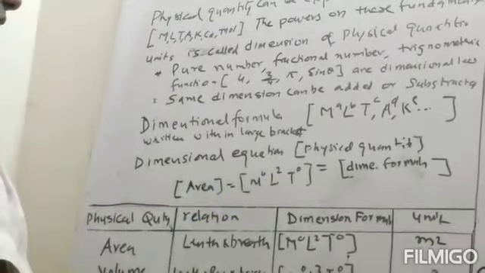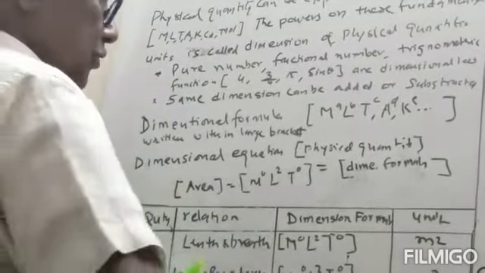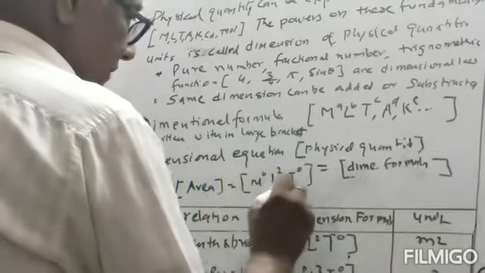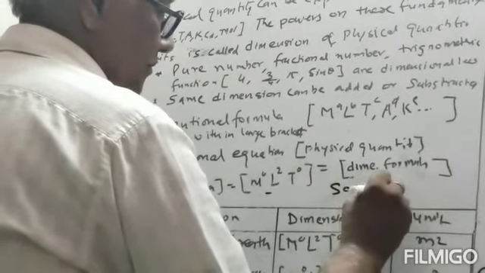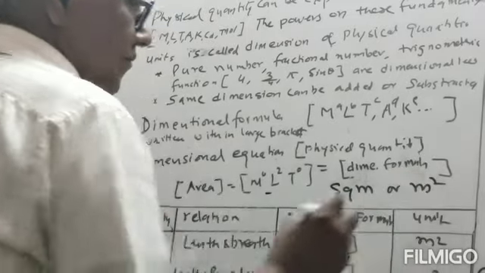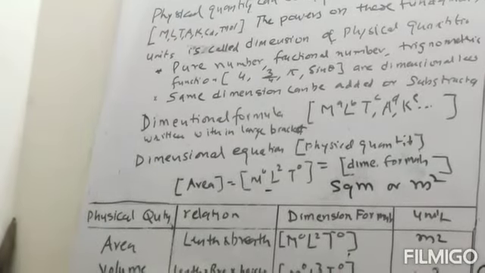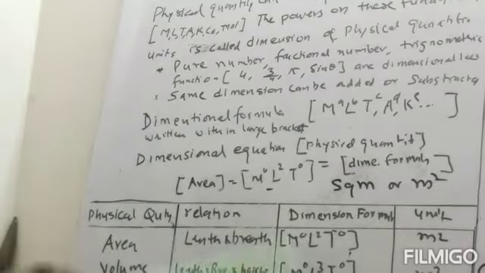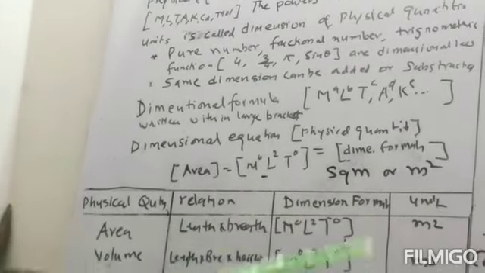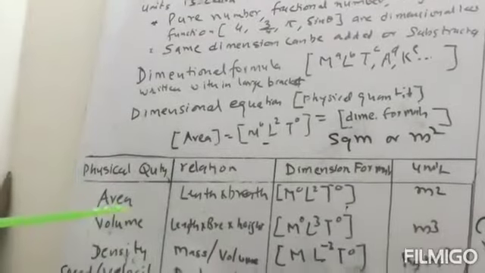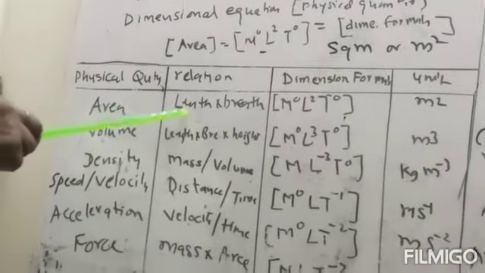And its unit, with M as 0 and T as 0, will be square meter, or meter square. That will be the unit. So we will take some physical quantities and write their dimensional formula and their units. First we take area. Area is the product of length into breadth.